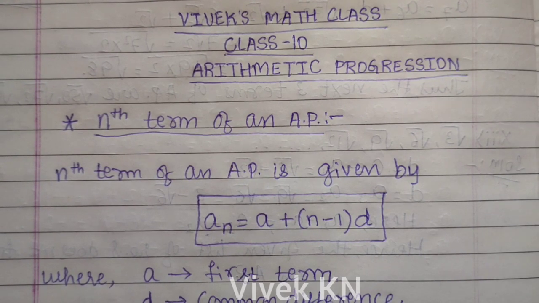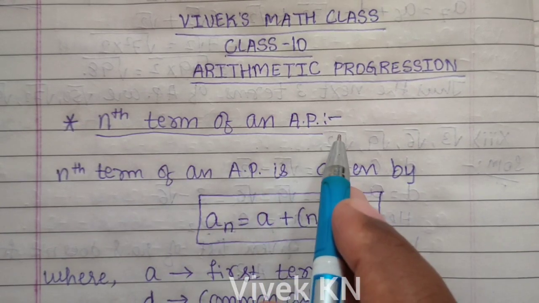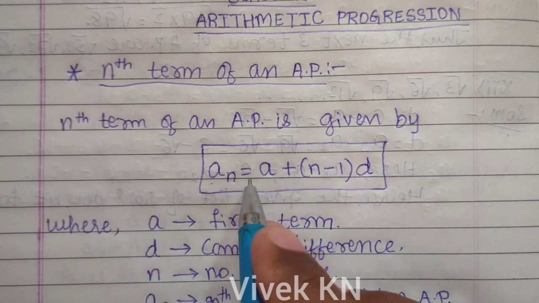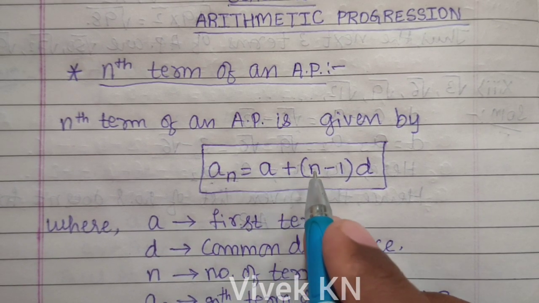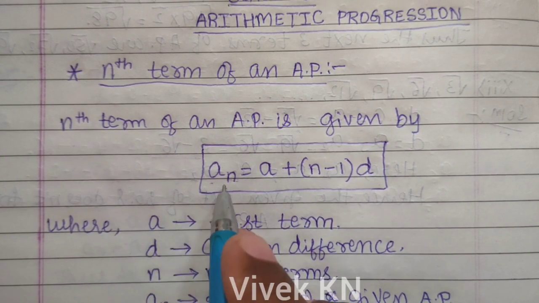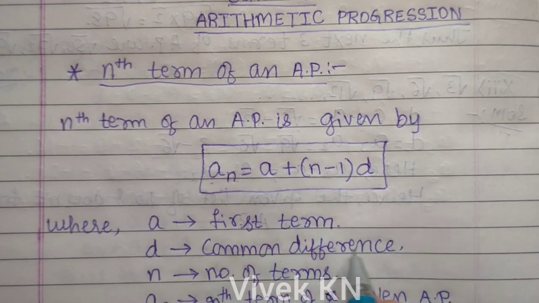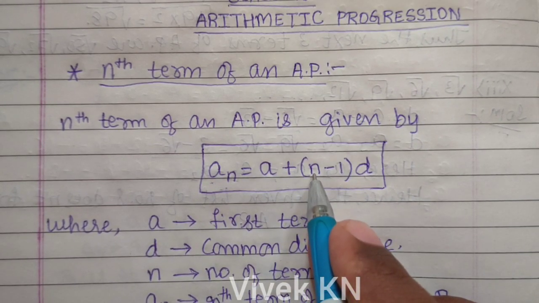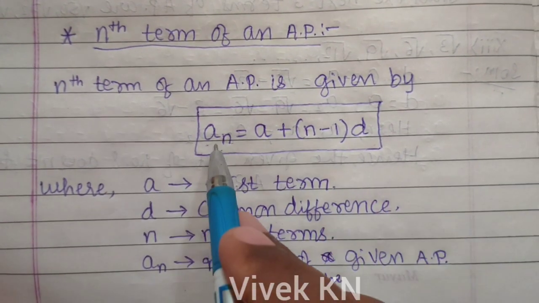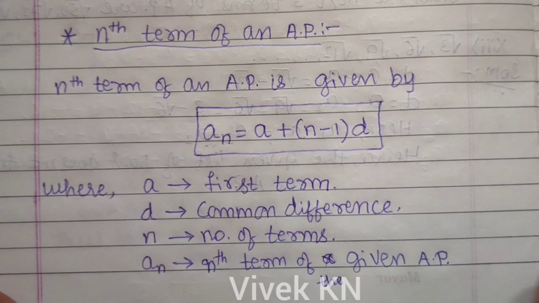The general formula to find out the nth term of an arithmetic progression is given by an is equal to a plus n minus 1 into d, where a is the first term, d is the common difference, n is the number of terms, and an is the nth term of the given arithmetic progression.